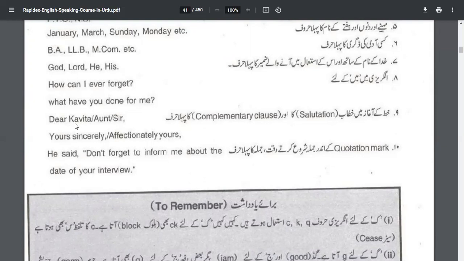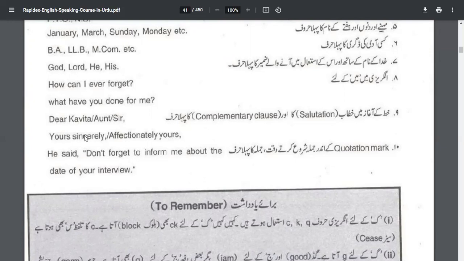Dear Kavita, and Sir: when you are addressing someone in a letter, you often have to write titles like this in capital letters. Yours sincerely: in it, Y is the capital. And affectionately yours.